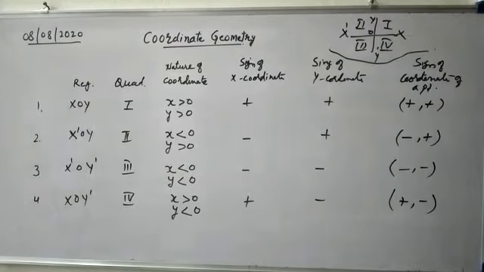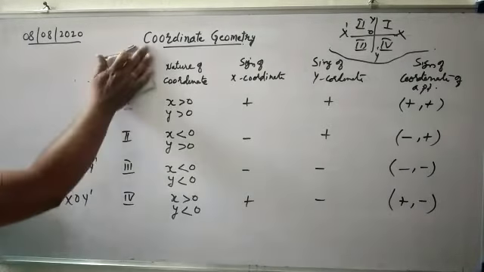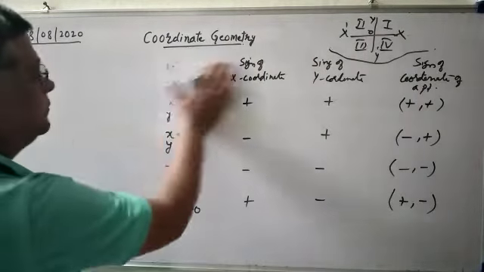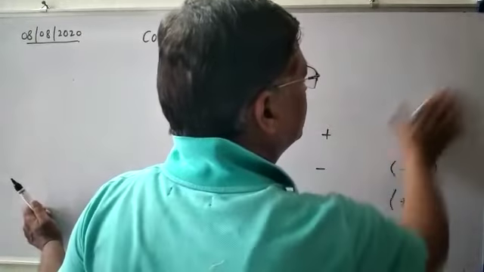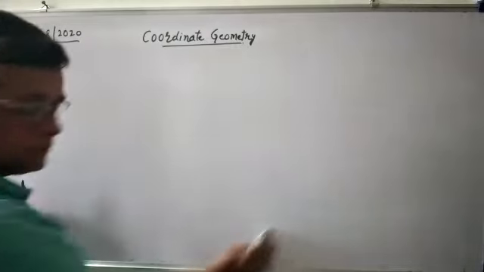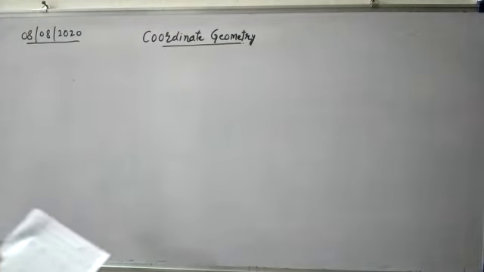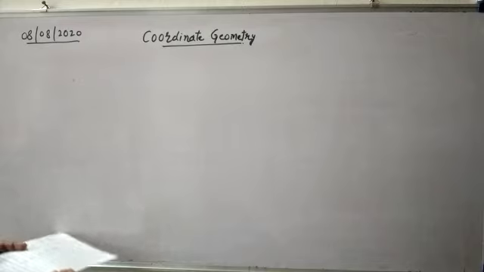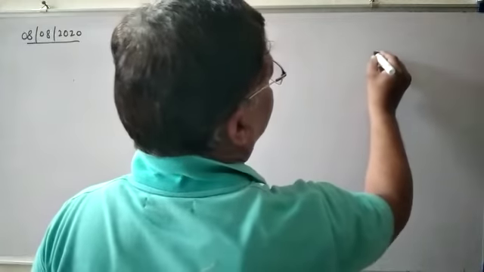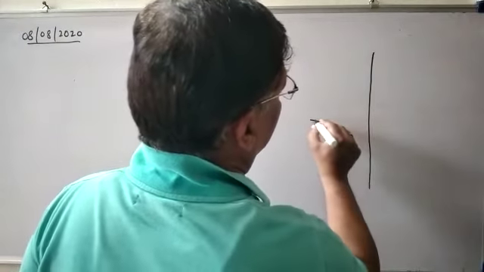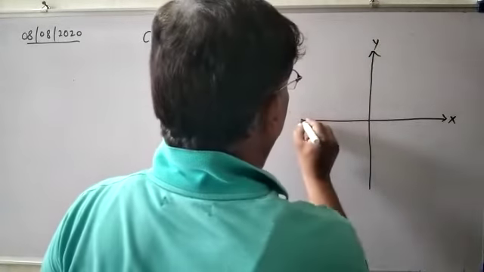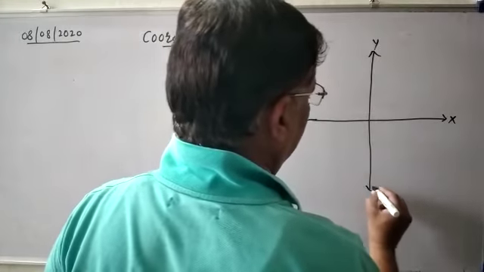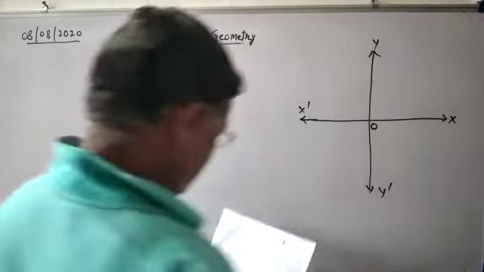Okay, now we will take some examples. Observe the given figure and answer the following questions. This is the figure for you. X, Y, X dash, Y dash. This is O, the origin.